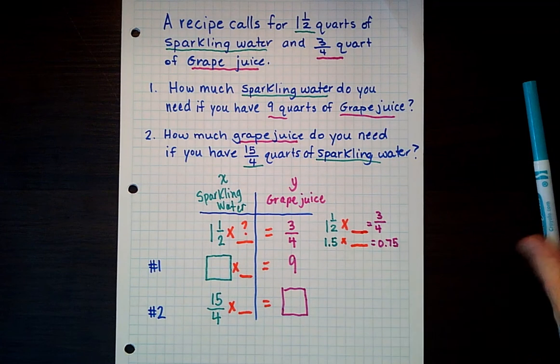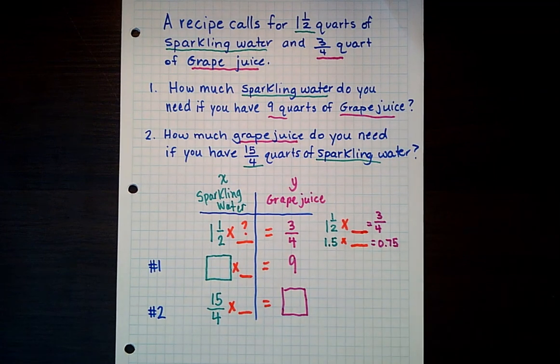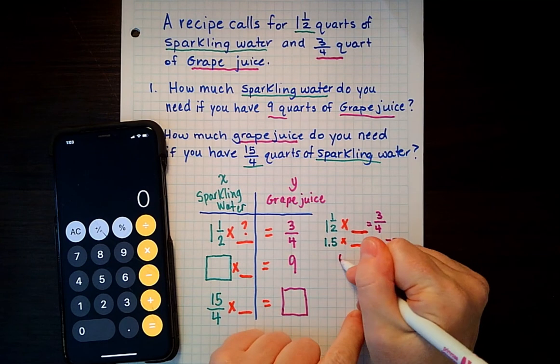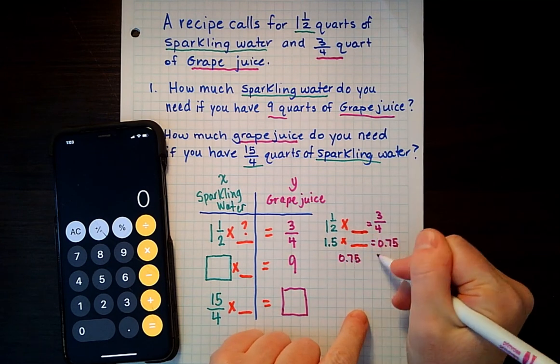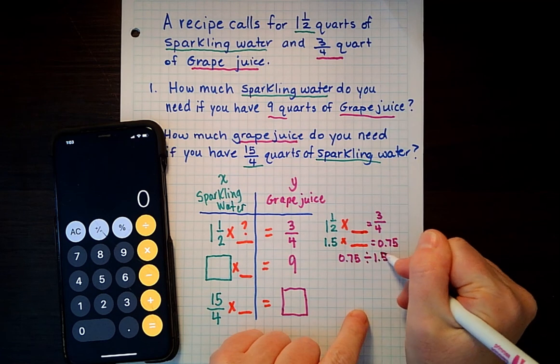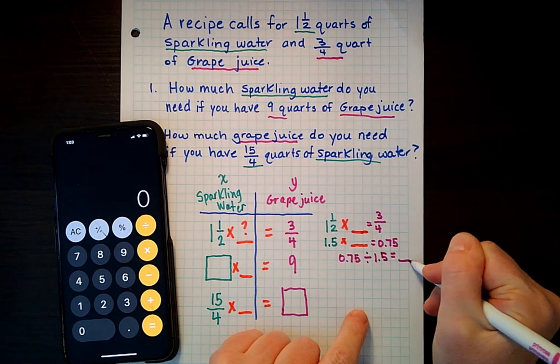So I'm going to use decimals, and I'm going to use a calculator just to make it easier. If I have my calculator here. Okay, let me pull that up. All right, so I'm going to use my decimals. 0.75 divided by 1.5, because remember, I'm trying to find the missing number. When I'm finding the missing number, I'm actually dividing.